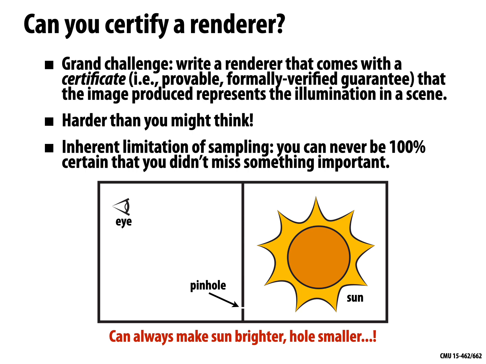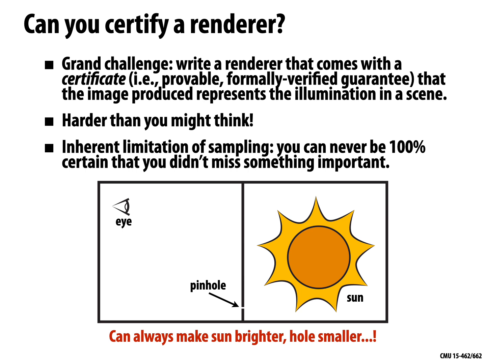And even though Monte Carlo estimators are consistent and unbiased, this is harder than you might think. This is kind of an inherent limitation of sampling. Something we've been kind of hinting at all semester is that if you're sampling a function, you're taking a finite number of samples, you can never be 100% confident that you didn't miss something important.